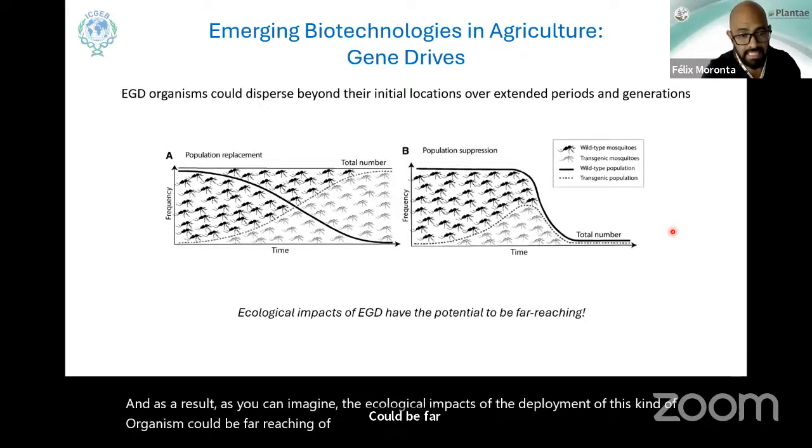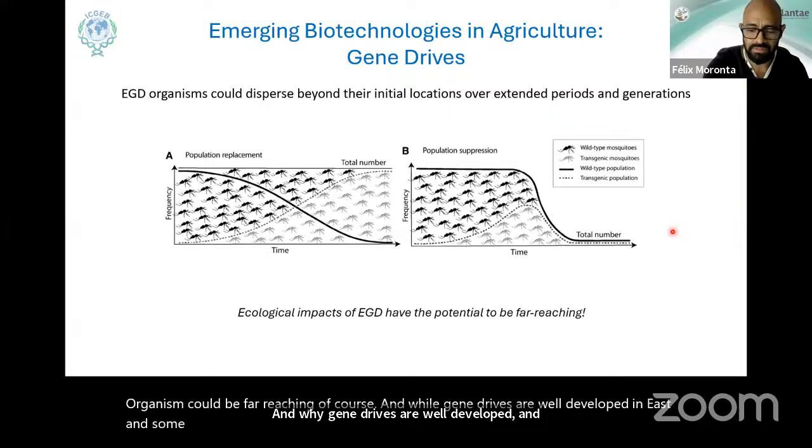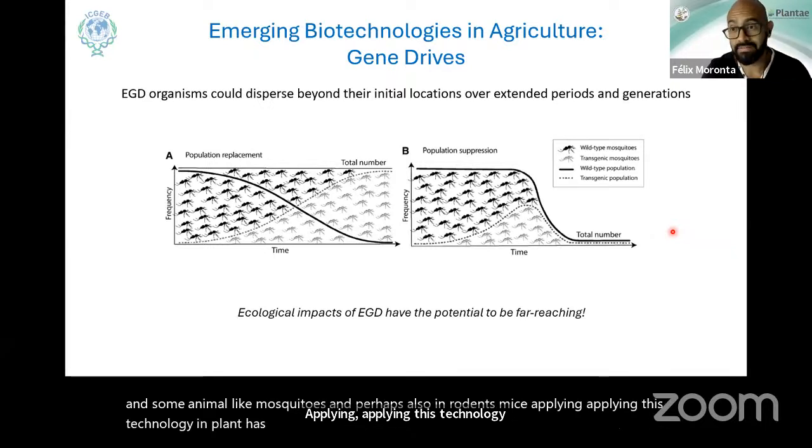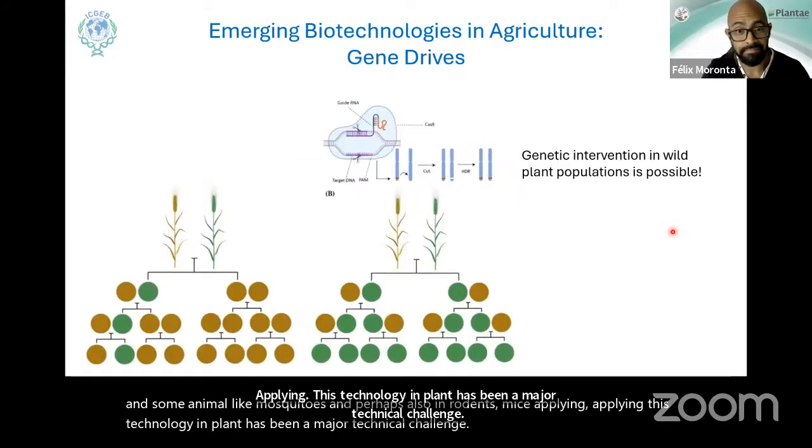While gene drives are well developed in yeast and some animals, like mosquitoes, and perhaps also in rodents, like mice, applying this technology in plants has been a major technical challenge. However, this is changing.